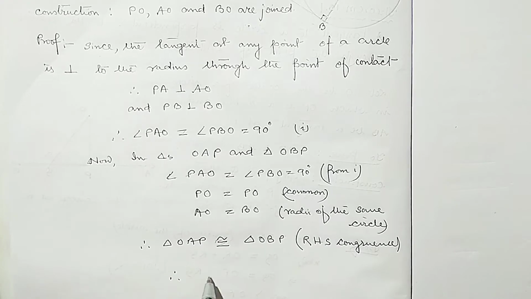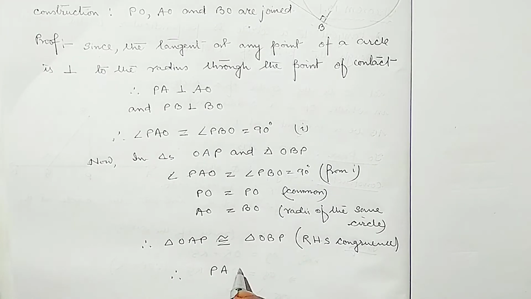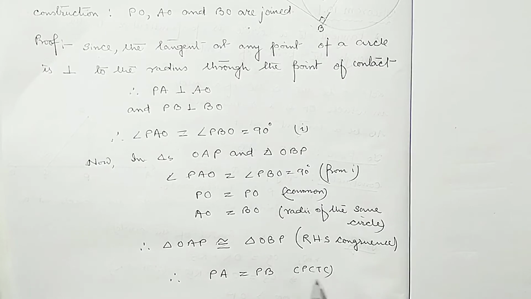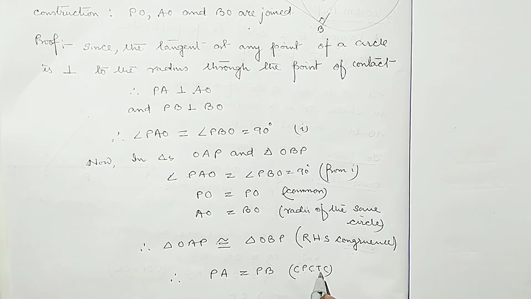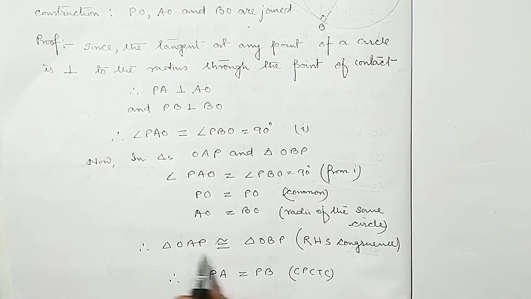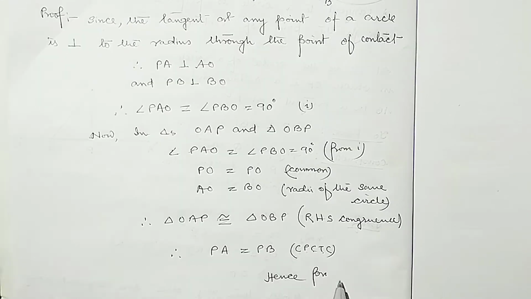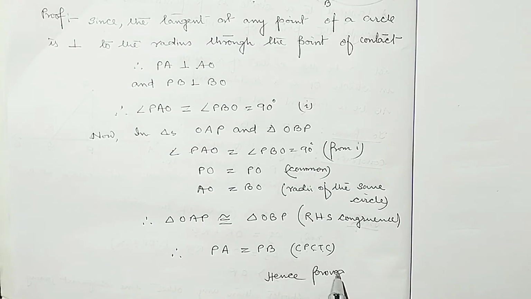Therefore, we can write PA equals PB by CPCTC, corresponding parts of congruent triangles are congruent. So since these two triangles are congruent, this side must be equal to this side. Hence proved.